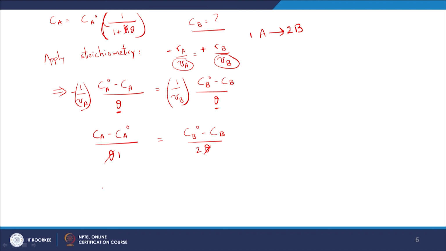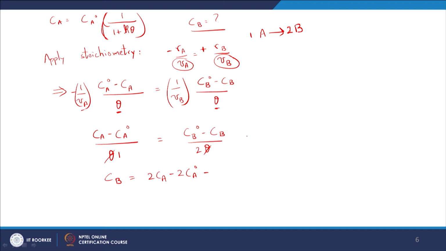So again, what do we have here, please? We have Cb equal to 2 times the concentration of A minus 2 times the concentration of A naught, or the initial value. Are we going to have a minus term here?